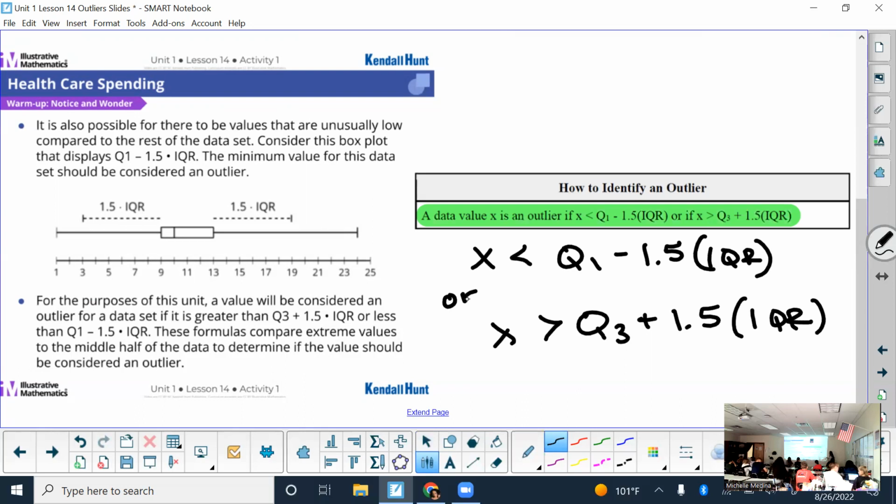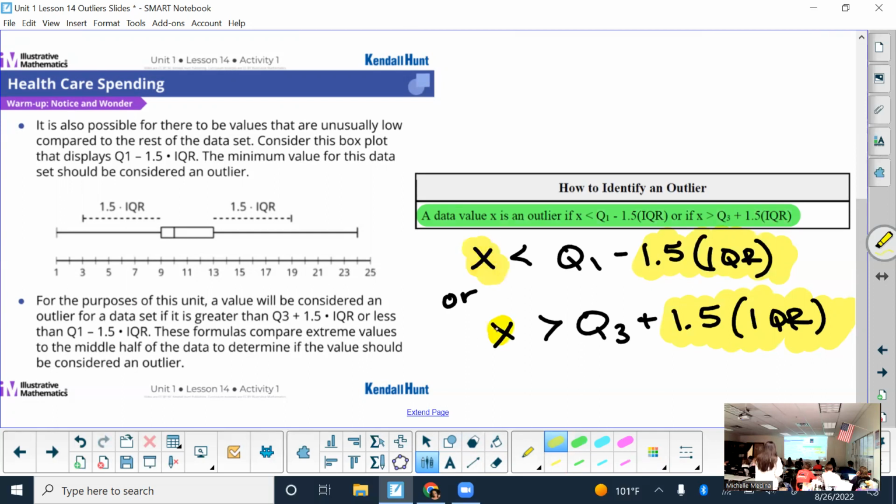All right, so what do these two formulas have in common? Yes, Camille? So 1.5. The 1.5 and the IQR. Anything else they both have in common? Right, they both have an X in it, so X would be like whatever data value you're testing. So if we're talking about the warm-up, we would be plugging in 10 for the X, so we're testing to see if 10 is an outlier.